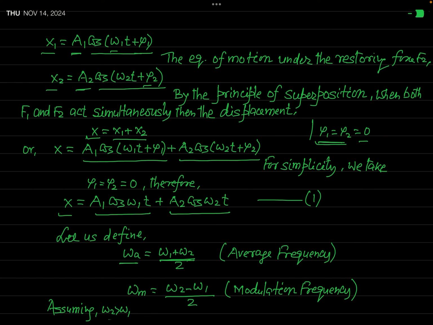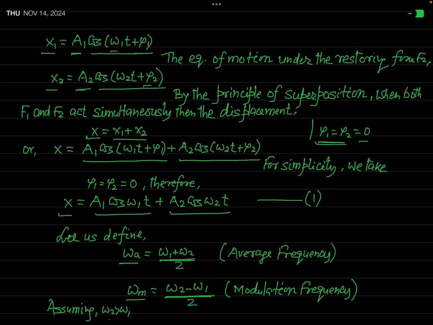Now, when the two oscillations get superposed, a resulting oscillation is produced, which is called a modulated oscillation, and we assume that the modulation frequency omega m is equal to omega 2 minus omega 1 over 2. Instead of this, we write omega m, which is the modulation frequency.